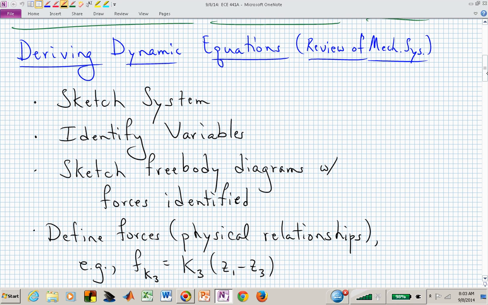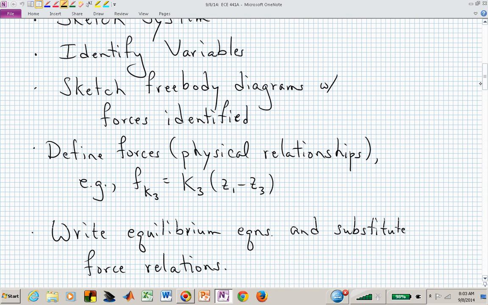For this mechanical system, we then sketch free body diagrams with the forces identified. We move the masses in the appropriate direction of the variables that we just identified. Then we define the forces through their physical relationships, springs being spring constant times displacement, dashpots being dashpot coefficient times velocity.